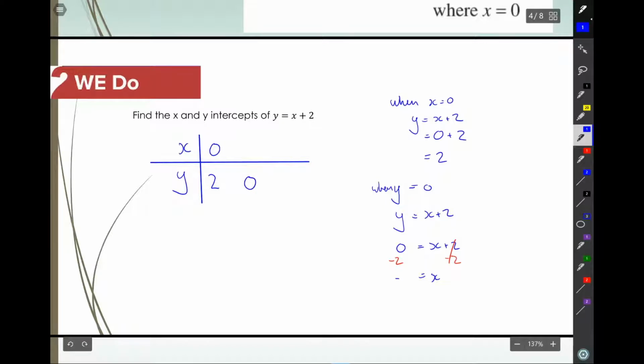And we end up with x equals minus 2. It's always good practice to put the x on the left. So here we put minus 2. So now we have the y-intercept and the x-intercept.